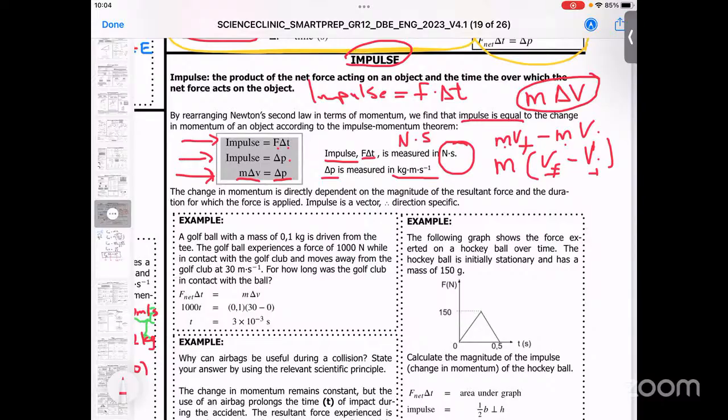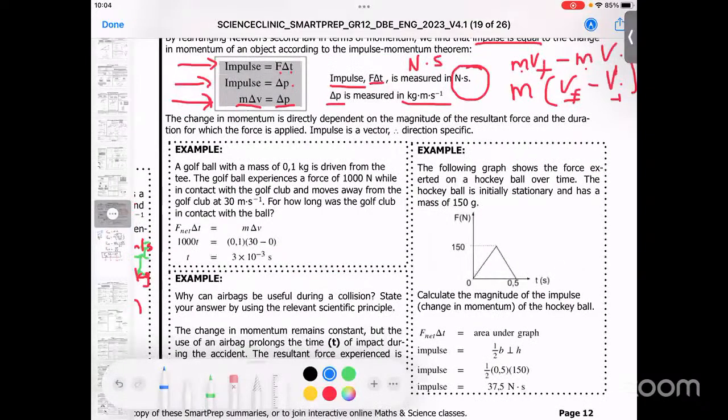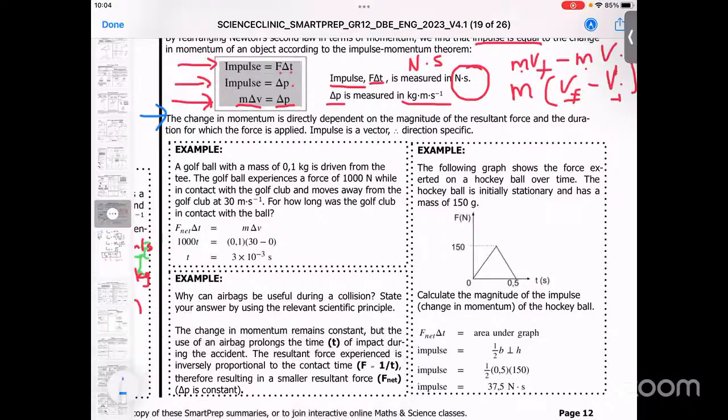So now let's continue. This is where I am now, where they're talking about the change in momentum. They are saying the change in momentum is directly dependent on the magnitude of the resultant force and the duration for which the force is applied.